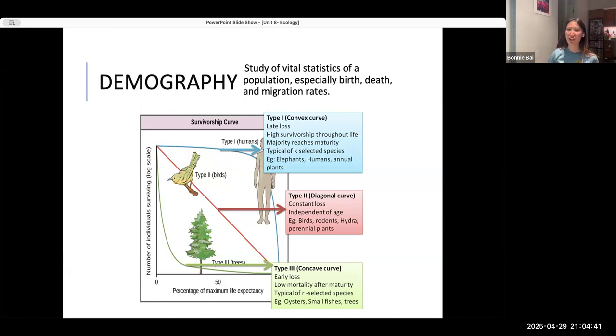But for birds, unless you're the top predator, their survival rate is constantly in decline. So you're not going to see birds that reach the older age nearly as often as birds of the younger age, because they get preyed on.